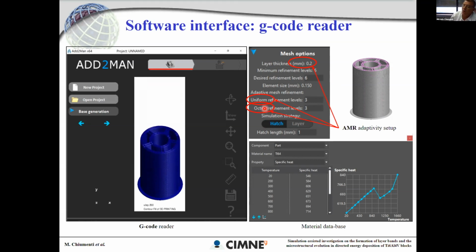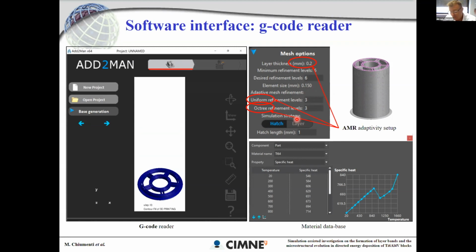And more important, and in fact one of the unique parameters available for the user, the number of uniform refinement levels and Octree refinement levels. This is used for the automatic generation of the mesh.